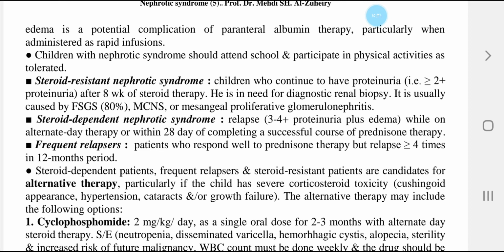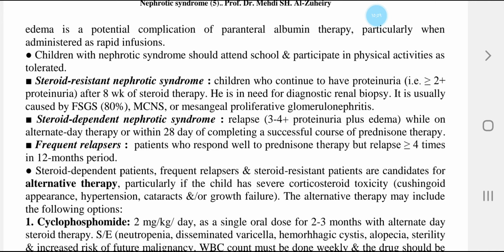While steroid-dependent nephrotic syndrome is defined as relapse, that is 3 to 4 plus proteinuria plus edema, while on alternate day therapy or within 28 days of completing a successful course of prednisone therapy. Frequent relapse is defined in patients who respond well to prednisone therapy but relapse 4 or more times in a 12 month period.